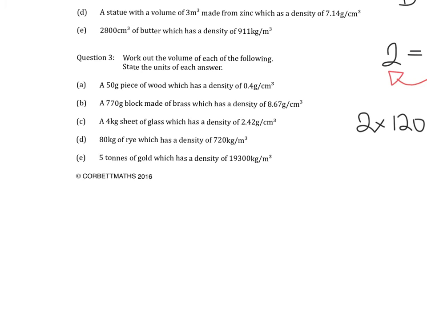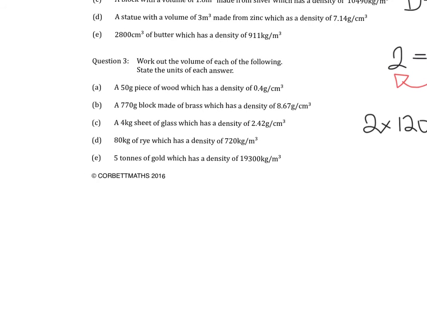Last question, work out the volume of a 50 gram piece of wood with a density 0.4. So density equals mass over volume. So the density is 0.4.